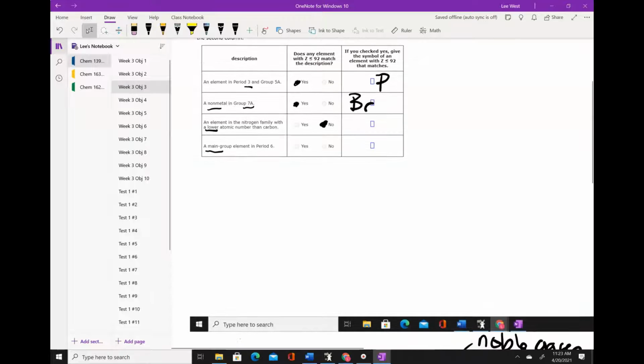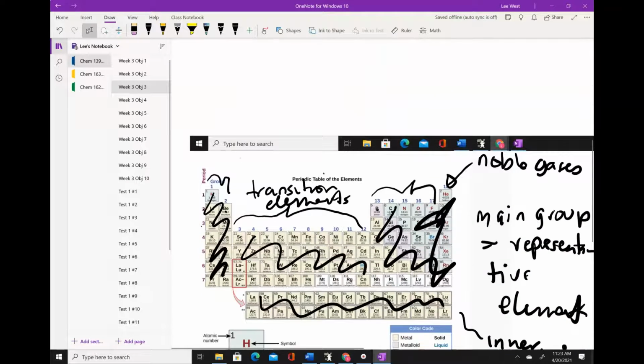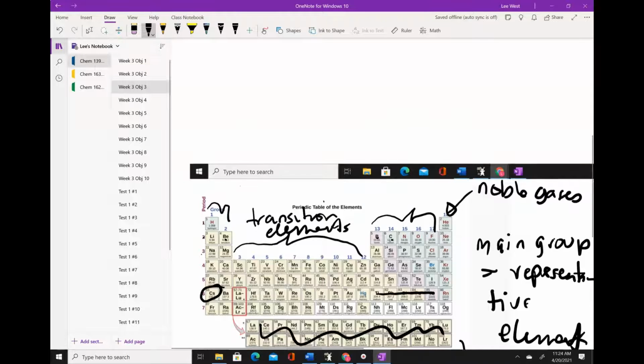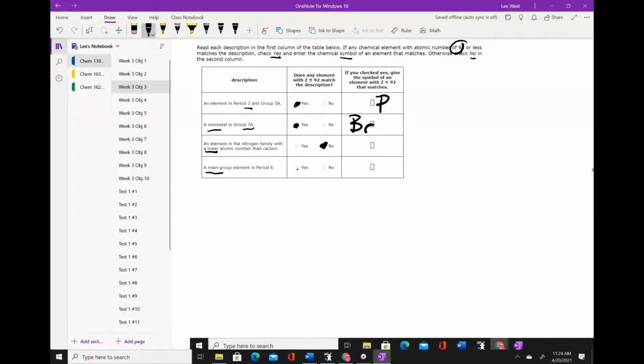So do we have any main group elements in period 6 that have atomic number less than 92? So let's have a look. Period 6, that's a main group. And then these are main groups. And it looks like there's a bunch of them. Period 6, definitely. So you could just pick any one you want. And I'm going to just pick the first one, which would be cesium with atomic number 55.